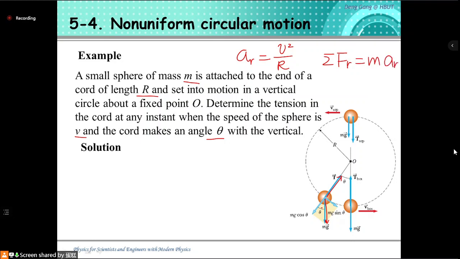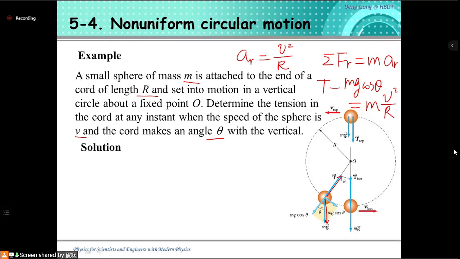So the force in the radial direction is T minus mg cosine theta, which should be equal to m a_r, which is mv square over r.